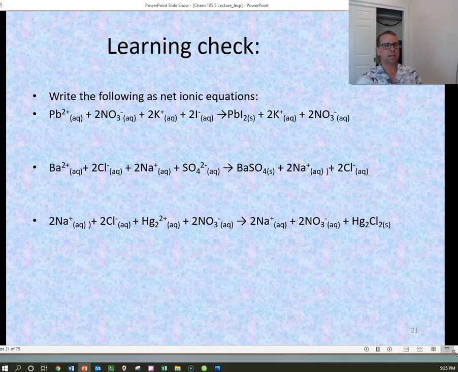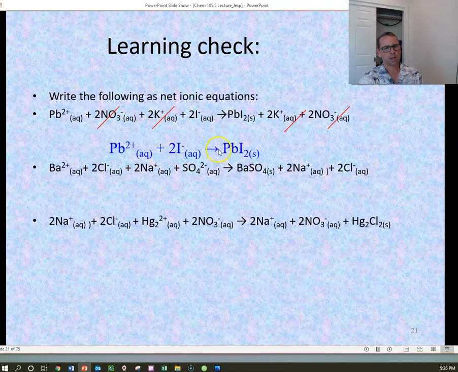What are our spectator ions in the first equation here? It would be the 2NO3, the 2 nitrates. Yes, and 2 potassium ions. Good job. And whatever's left over is what we call our net ionic equation.